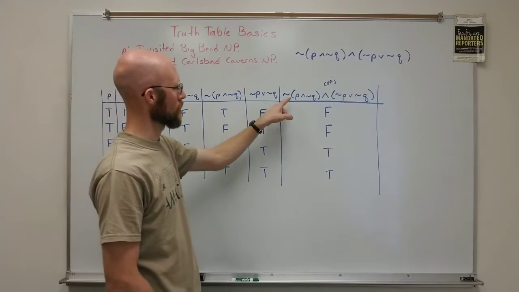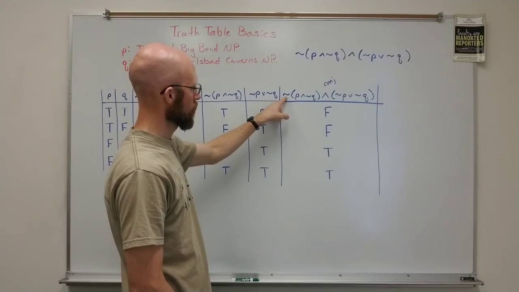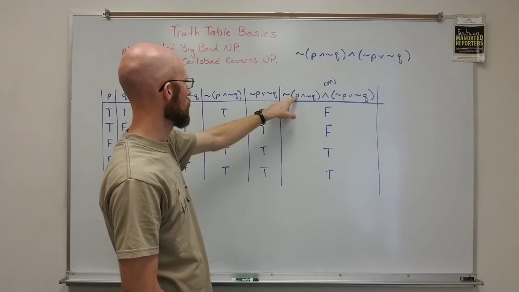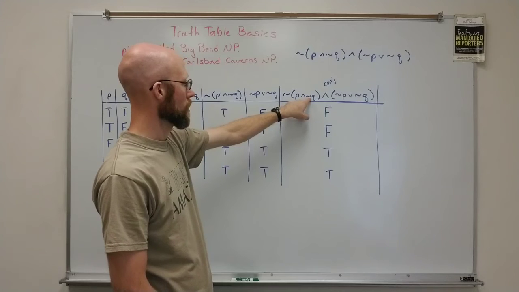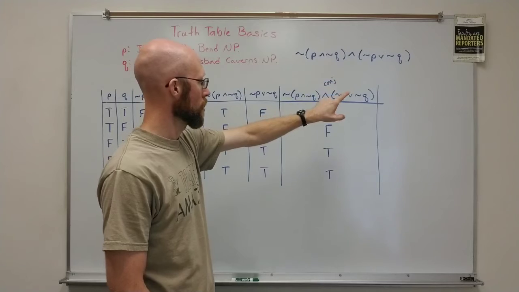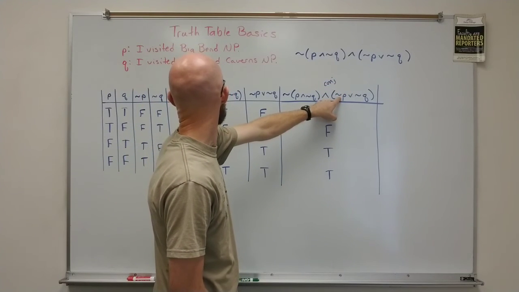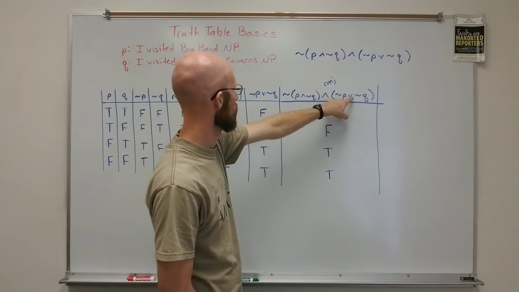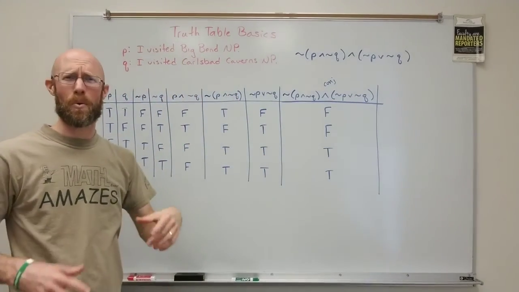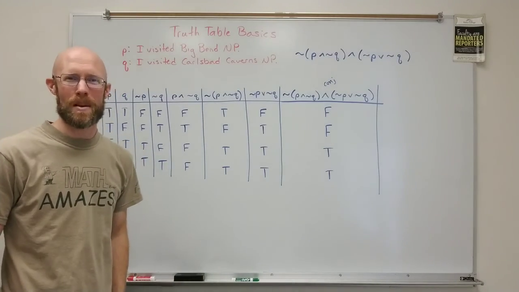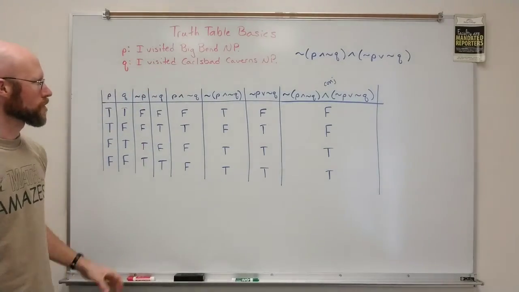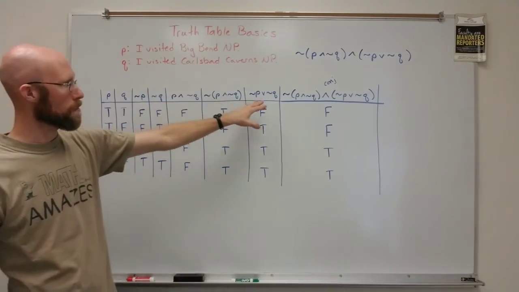But basically you're saying it is not the case that I visited Big Bend National Park and I did not visit Big Bend or visit Carlsbad Caverns, and I did not visit Big Bend or I did not visit Carlsbad, if that makes any sense. So that's quite a lengthy statement, very complex, right? It's a complex statement. But hopefully you can see how we build these up now.